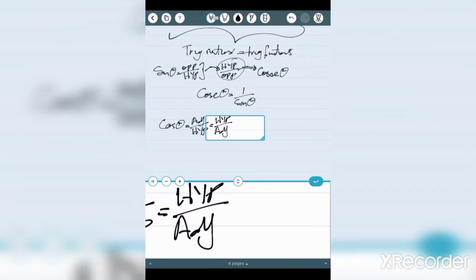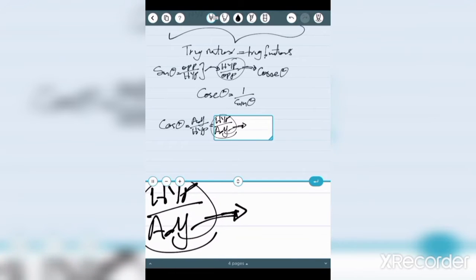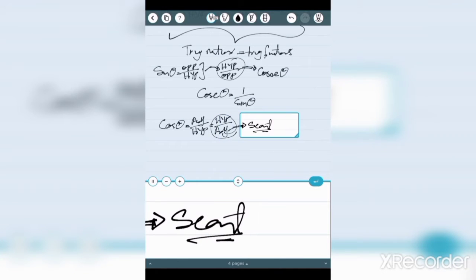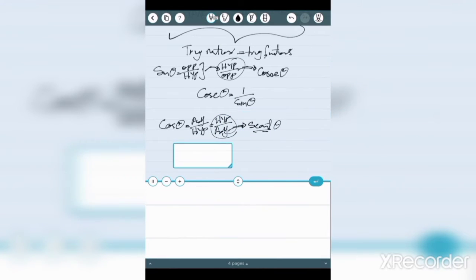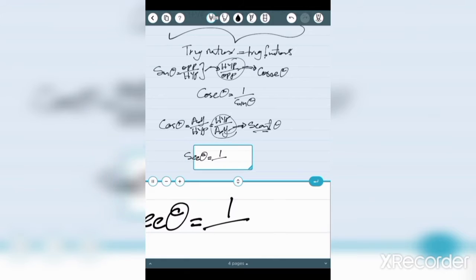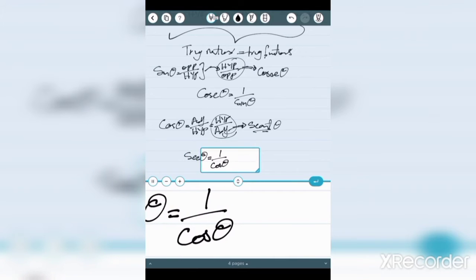And just like the previous one, this one also has a special name, and it is known as secant. I'm sure most of you are already familiar with the name. So therefore we are saying secant theta is equal to the reciprocal of cos theta.